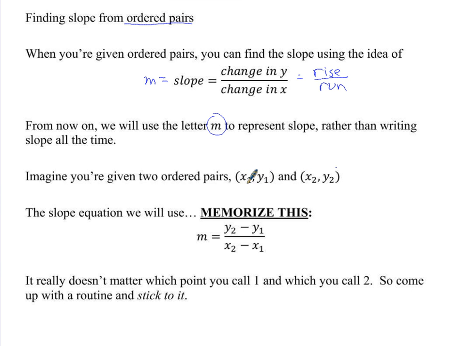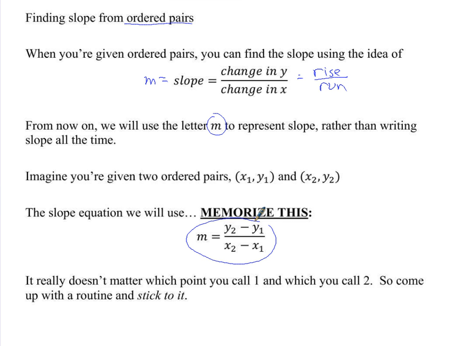The little subscript here is just telling me that this is coming from the first ordered pair. This subscript is telling me it's coming from the second ordered pair. If I have those two ordered pairs listed like that, then the slope equation is this guy right here. M equals y2 minus y1, so the two y coordinates being subtracted, divided by the two x coordinates being subtracted, x2 minus x1.